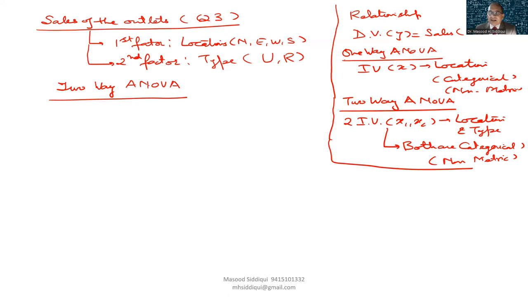Now we are going to examine the impact of these two factors, which can be termed A and B. Here A is location, which has four levels: 1, 2, 3, 4, or north, east, west, south. And B is the type, which has two levels.